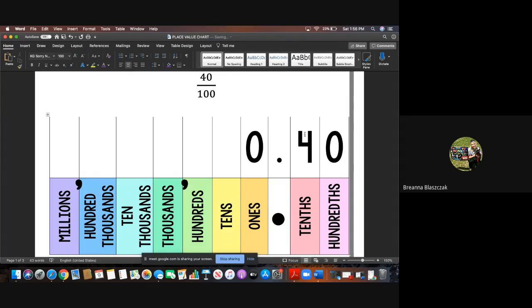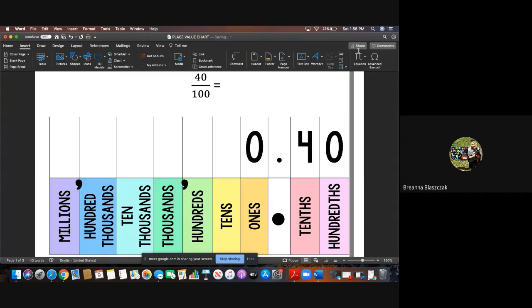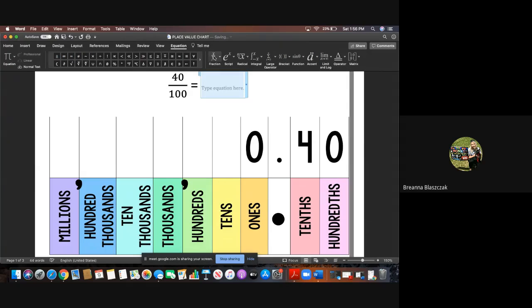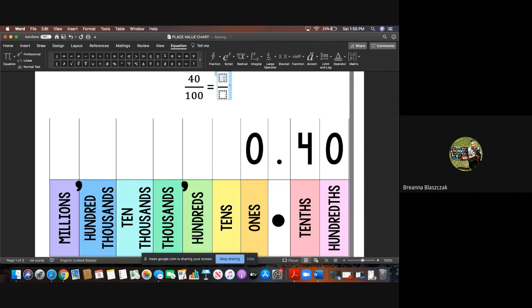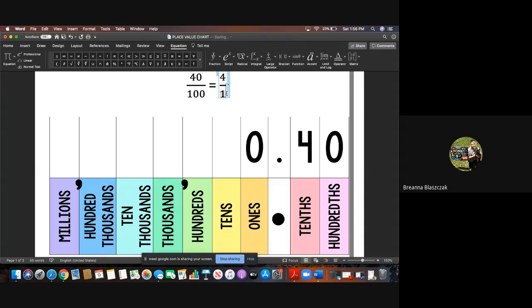Some of you might be looking at this and thinking, well, 4 is in the tenths spot. And that's because 40 100ths, if we add another fraction here, is equivalent to 4/10. And this is also in the next YouTube video.